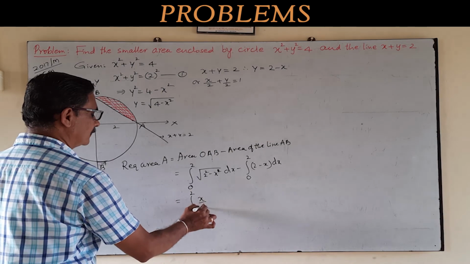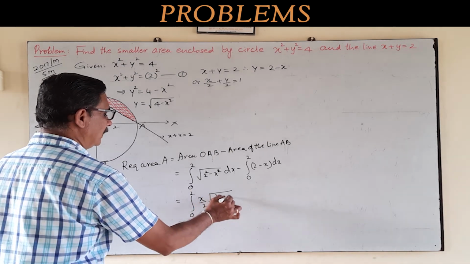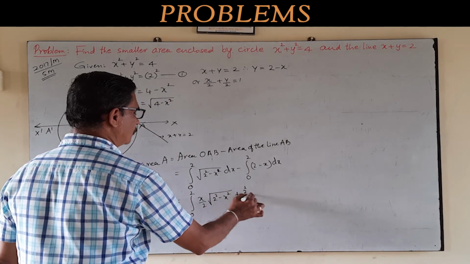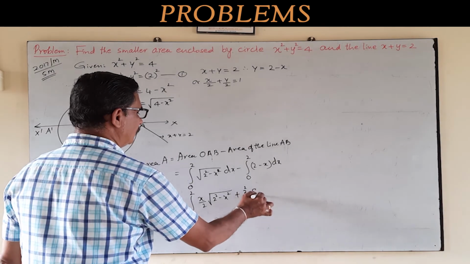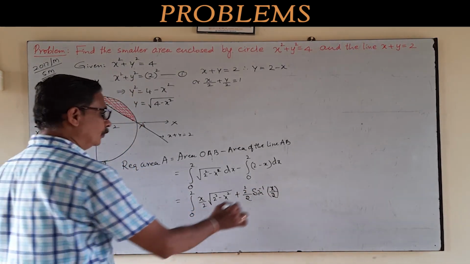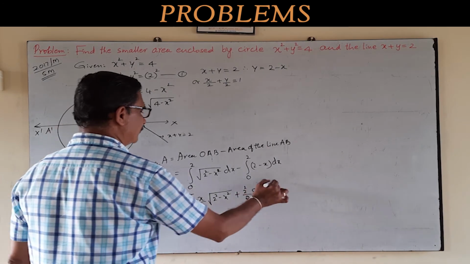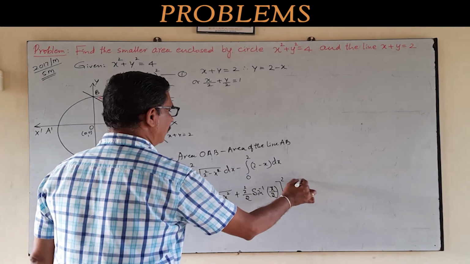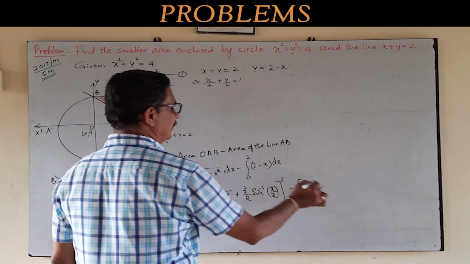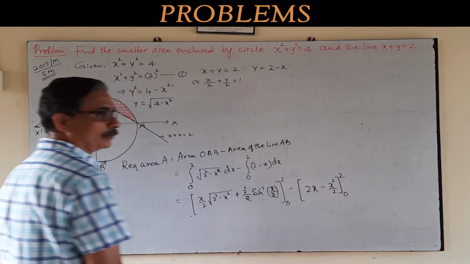That is x by 2 into under root of a square minus x square, plus a square by 2, here 2 square by 2, into sine inverse of x by a, here x by 2, between the limits 0 to 2, minus, what is the integral of 2? 2x minus integral of x square by 2 between the limits 0 to 2.